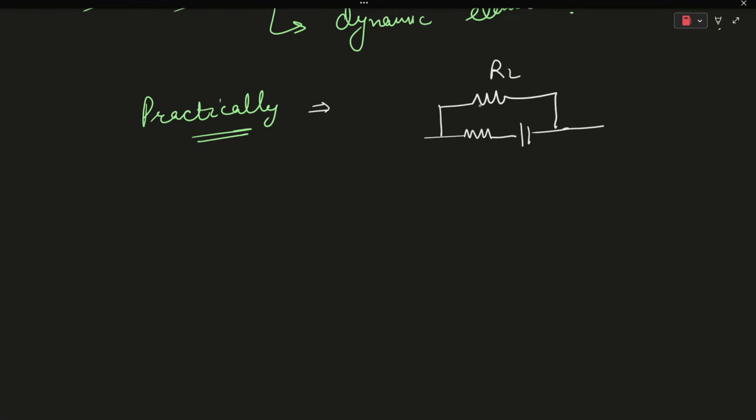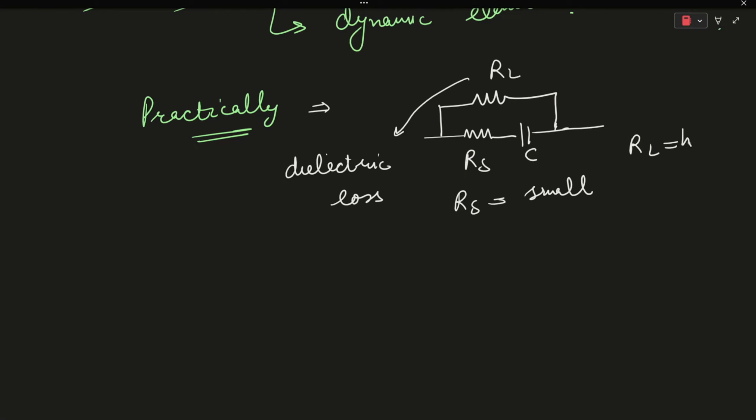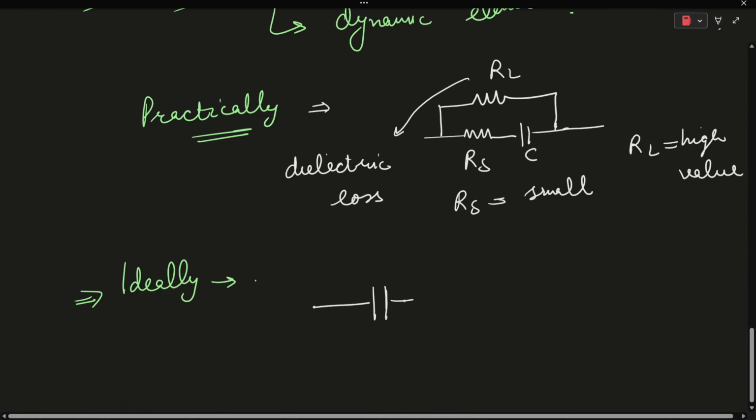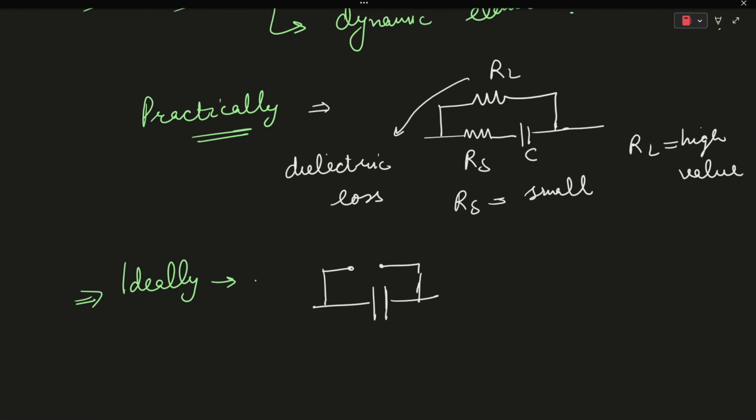This is the leakage resistance, this is the series resistance, and this is the capacitance of the capacitor. RL is responsible for the dielectric loss. The value of RS is pretty small, whereas RL has a very high value. Ideally, RL approaches infinity and the series resistance RS approaches 0.